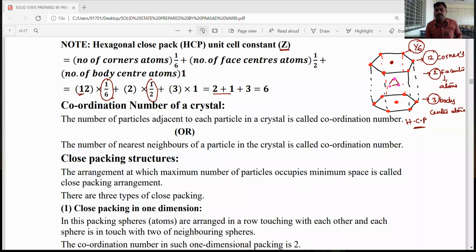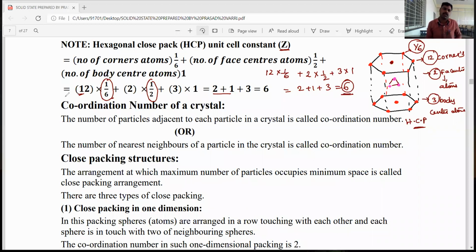That's why it is a 1 by 6th part, and a total of 12 corners are present above and below, so 12 into 1 by 6. Plus 2 face centers are present, its contribution is equal to 1 by 2, and 3 body centers are present, its contribution is equal to 1. That is 2 plus 1 plus 3, which is equal to 6. So for HCP, hexagonal close packing, the unit cell constant Z is equal to 6.